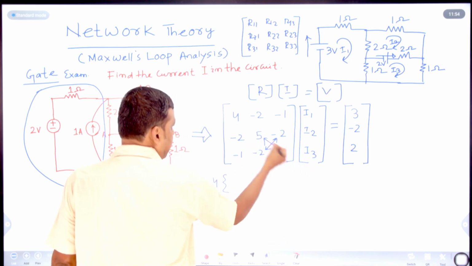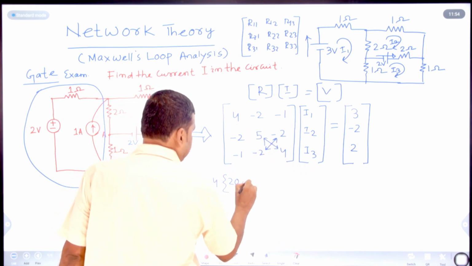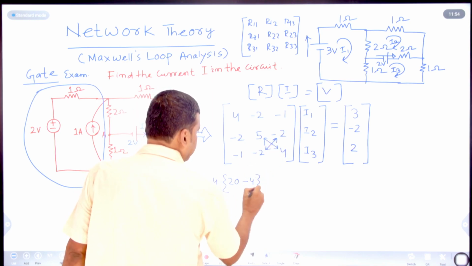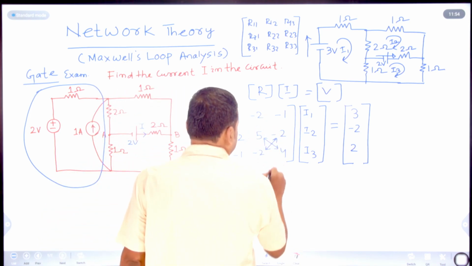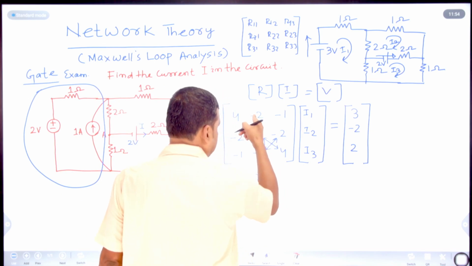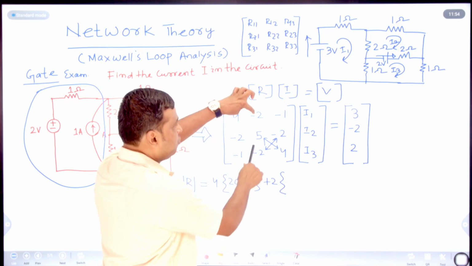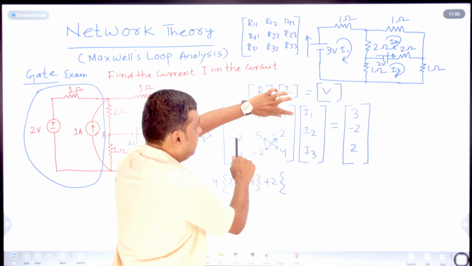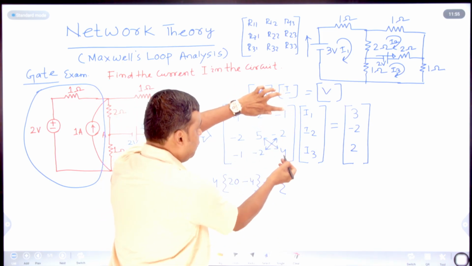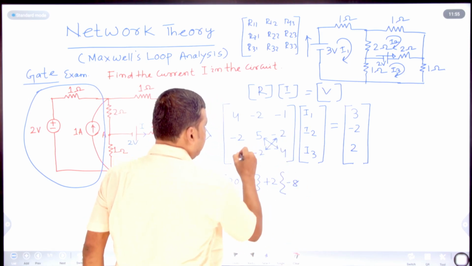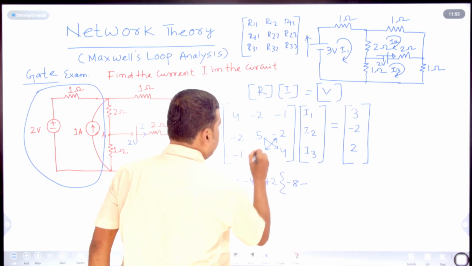First, 5 into 4 is 20, minus minus plus 4, so 20 minus 4. Then the middle term: minus, if you close this one, you will find 4 into minus 2, that is minus 8. Again minus plus minus 1 into 2, 2.